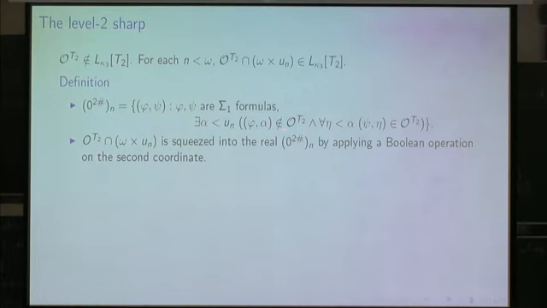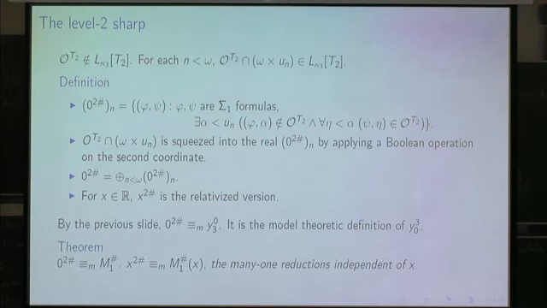It turns out that the phi side comes out first. So it is essentially a long Boolean operation acting on O^(T_2) intersect omega times u_n. This is how we define the nth piece of 0^(2 sharp), and 0^(2 sharp) is the join of those pieces, and we can define the relativized version.